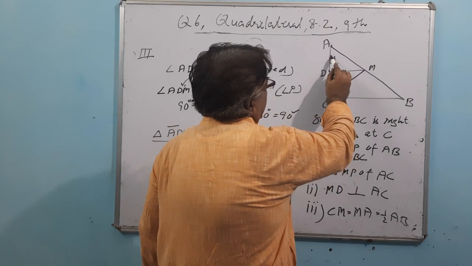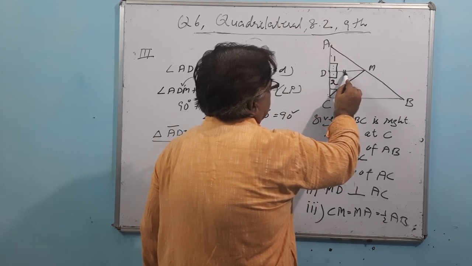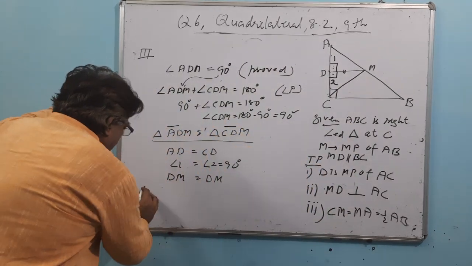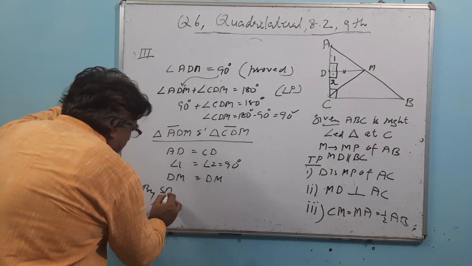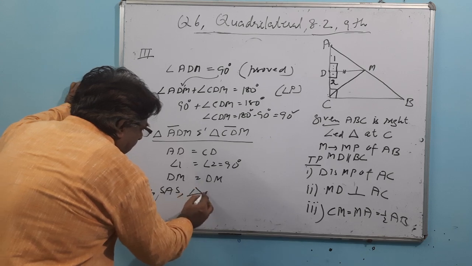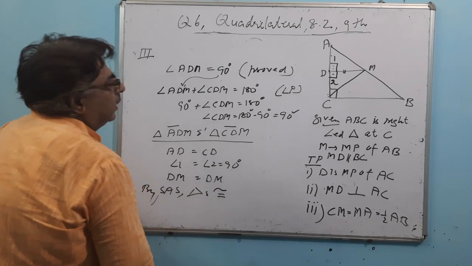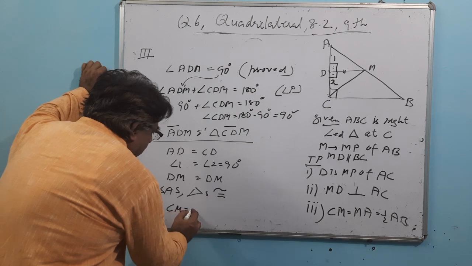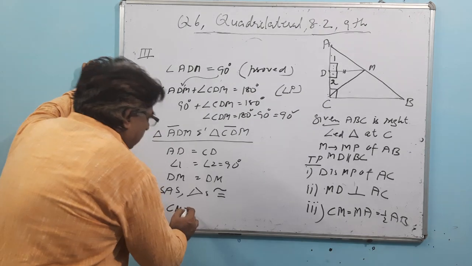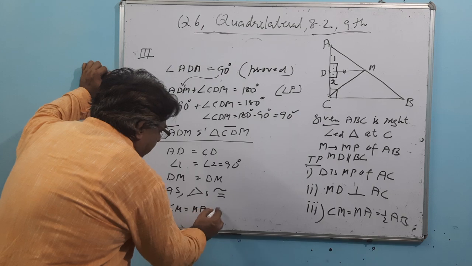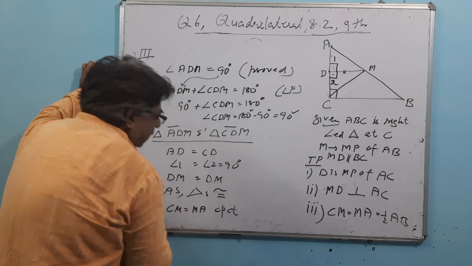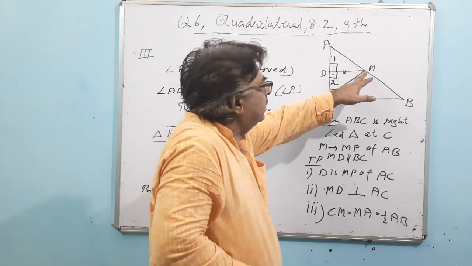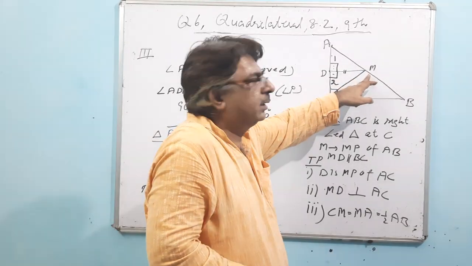So by SAS criteria, the triangles are congruent and CM is equal to MA by CPCT. Now M is the midpoint of AB. It is given to us.